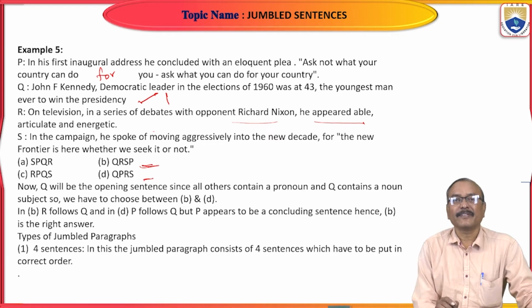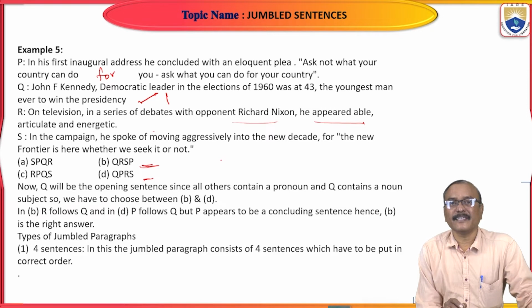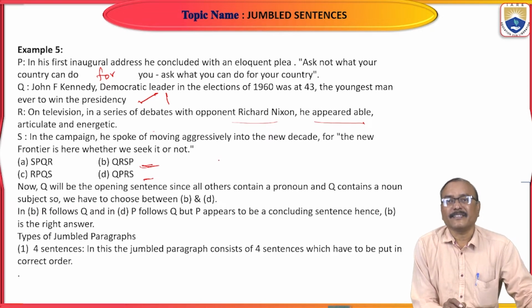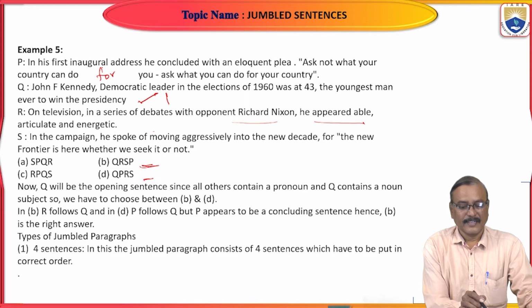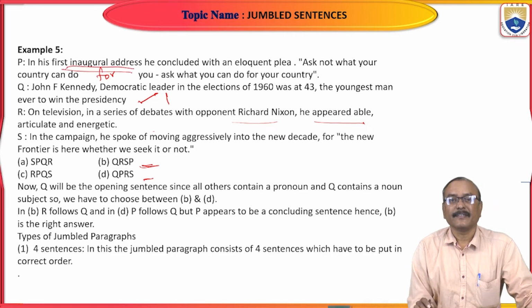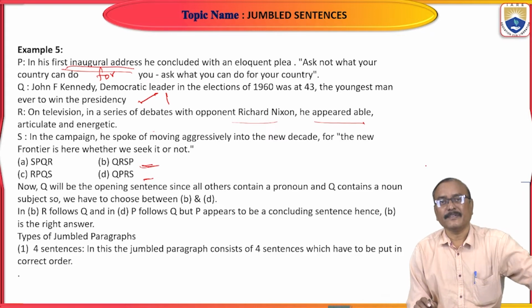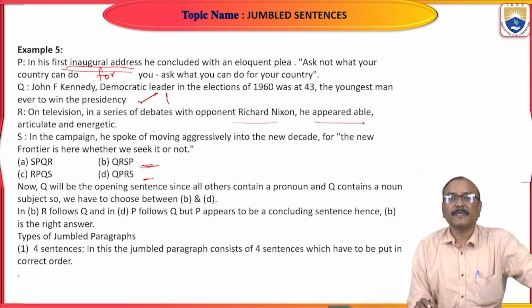So here we can think QR is possible. Then in the campaign, right. Then P, after campaigning only, after they are elected, then after getting elected, they will give the inaugural speech during the oath taking ceremony. Is it clear? So B is the correct one.